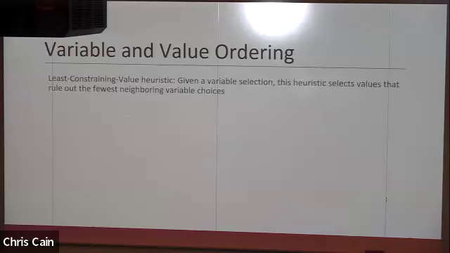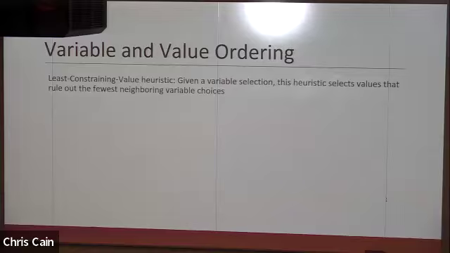Yeah. Another possibility, least constraining value heuristic. Given that we're going to select a variable, we're going to select the value that rules out the fewest neighboring variable choices. This just means that we're trying not to constrain the space as much. We're going to leave open as many possibilities for other things as much as possible.